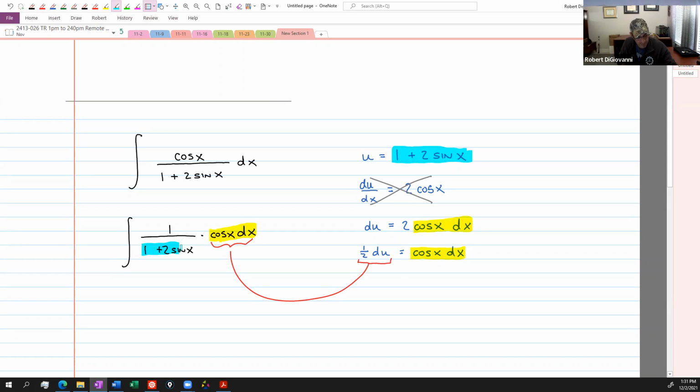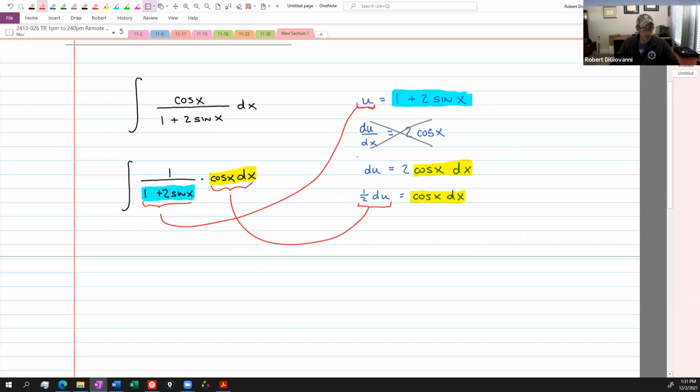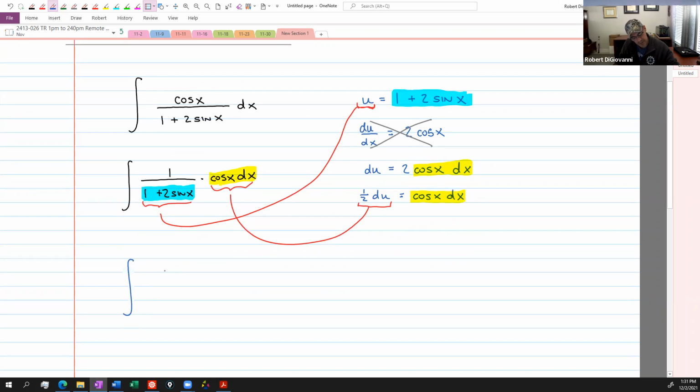That's this, and that's going to become u. So let's rewrite the integral. I'm going to make the substitution now. It becomes 1 over, the whole part in blue turns into u, so u times, and then the whole part in yellow turns into 1/2 of du.